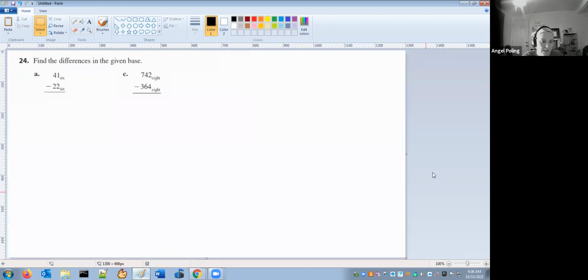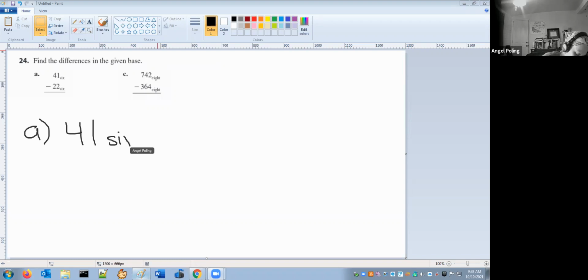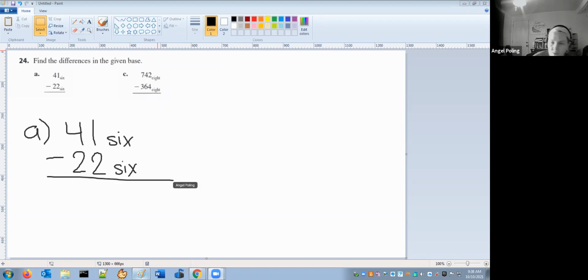So here, okay, find the differences in the given base. And I'm going to write it below so I have enough space. So A is 41 base 6 take away 22 base 6. So we're going to use the standard algorithm for stacked subtraction. We're going to try to take 2 units away from 1 unit, and we can't, right?